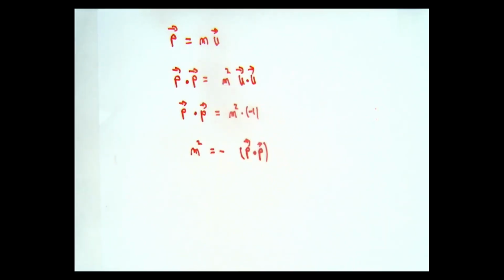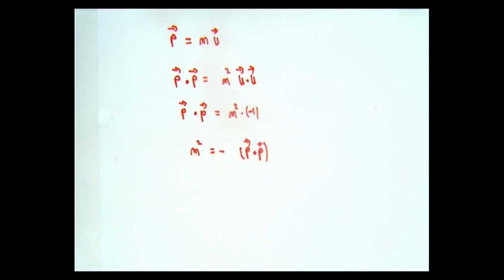One last thing for today. The momentum is the rest mass multiplied by the velocity. If I form the dot product of P with itself and rearrange the algebra a little bit, since I know that u dot u is negative 1, this ends up being m squared is the negative of the dot product of the momentum with itself.